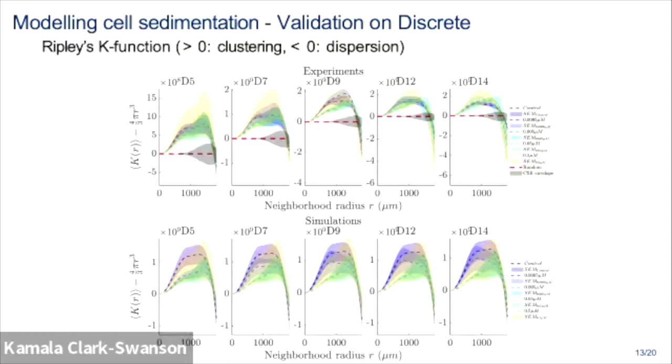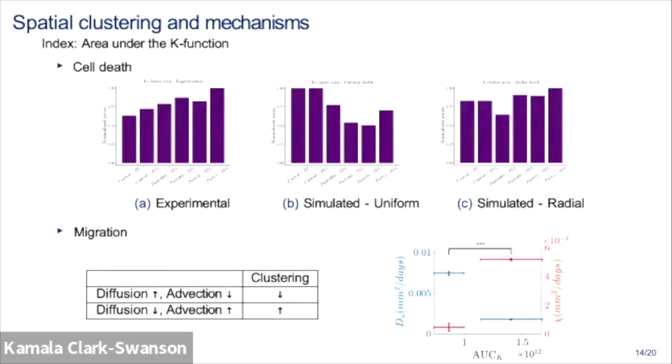The different colors here are the different conditions, from control, which is the blue one, to the yellow, which is the highest dose that we had in the experiment. And we can see some similarity between experiments and simulations, but more importantly, it allowed us to relate these produced patterns to the mechanisms of our model.